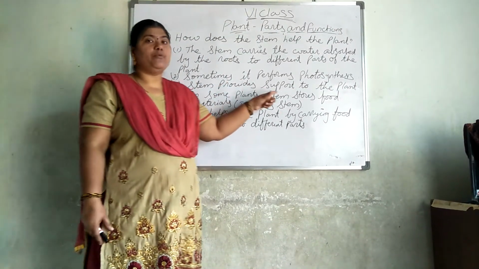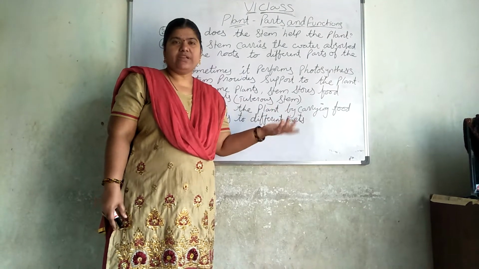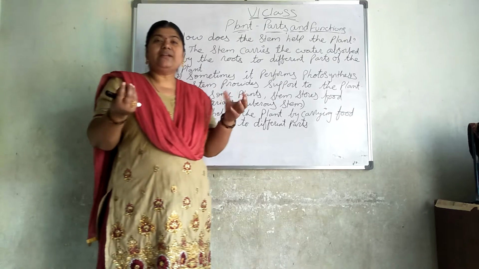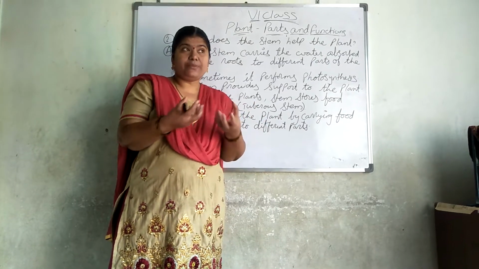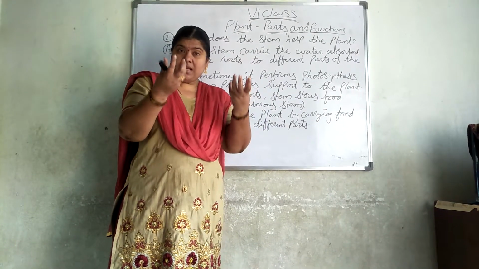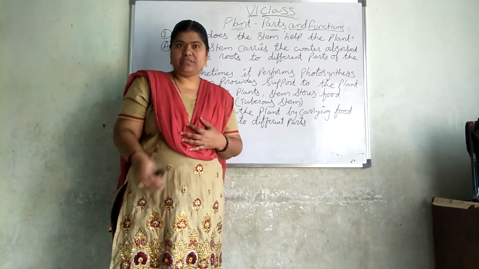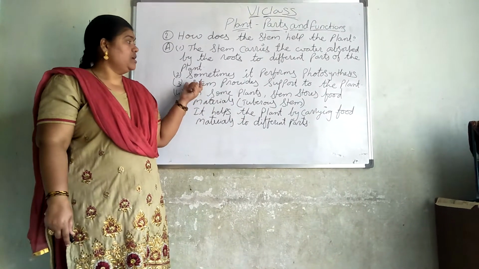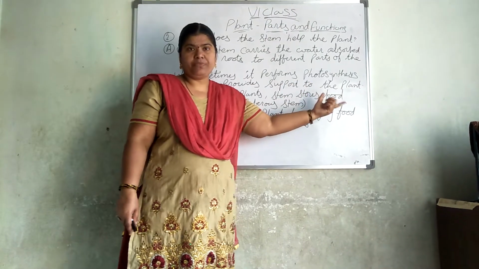Stem provides support to the plant. It is very, very important. Why? Because the branches will be on the stem only, and to that stem the fruits and the flowers will come. Means the stem should bear that. Is it correct? So stem provides support to the plant.